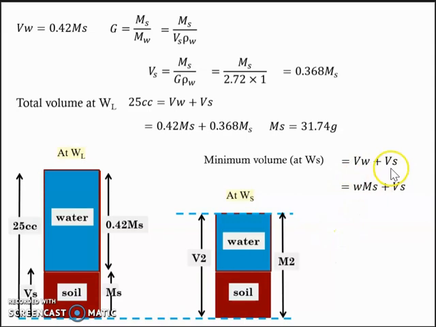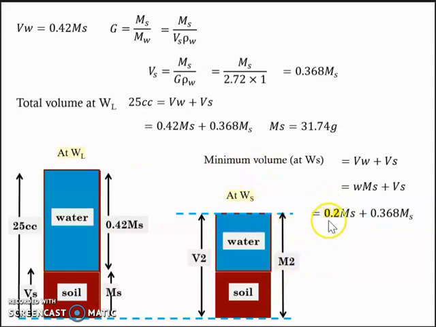So Vw plus Vs equal to water content times Ms, mass of solids, plus Vs, equal to 0.2 Ms plus Vs. Vs is already known. The volume of solids remains constant. At liquid limit and shrinkage limit, they have the same volume. So 0.368 Ms is the volume of solids, whereas the volume of water is not 0.42 Ms but 0.2 Ms, because the water content got reduced. So 0.2 is nothing but the water content at the shrinkage limit.